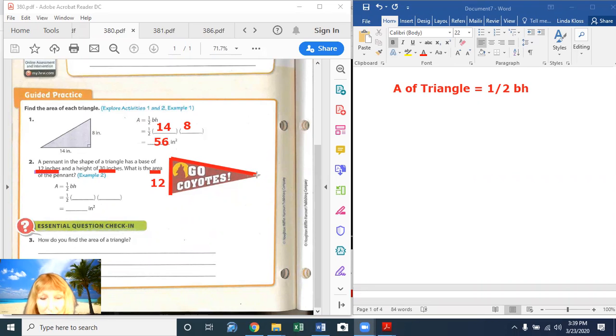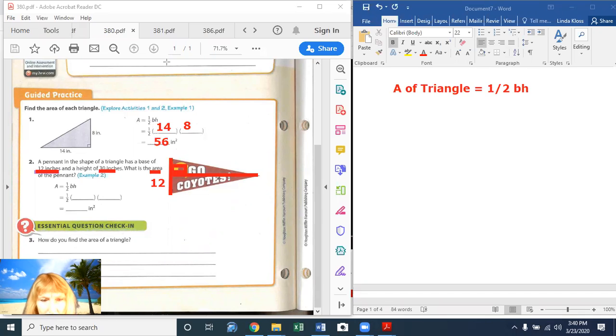No, exactly. When you're measuring the height of a triangle, you are measuring the straight down line, straight down to the bottom, and you make a perpendicular line from the top of the triangle to where it forms a 90-degree angle at the base.